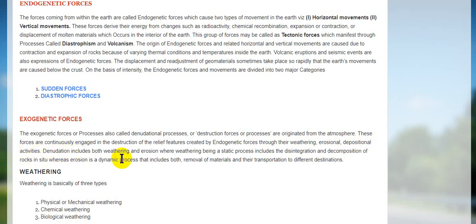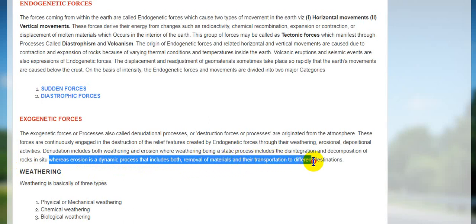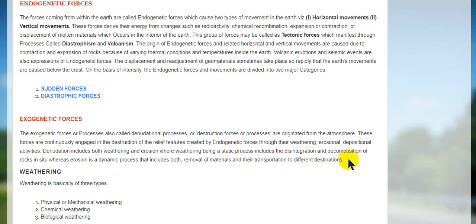Denudation includes both weathering and erosion, where weathering, being a static process, includes the disintegration and decomposition of rocks in situ, whereas erosion is a dynamic process that includes both removal of materials and their transportation to different destinations. For example, landsliding is a cause of erosion.